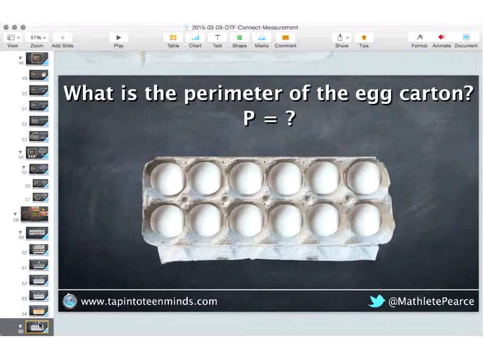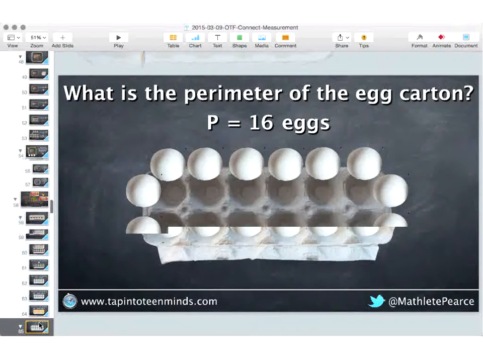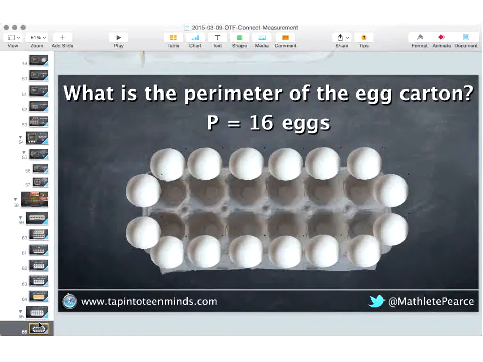So again, really able to visualize or help students visualize that. And we call this measurement with non-standard measuring units, right? Like we're not using just centimeters or kilometers or inches or whatever it is that we're typically doing when we introduce measurement.